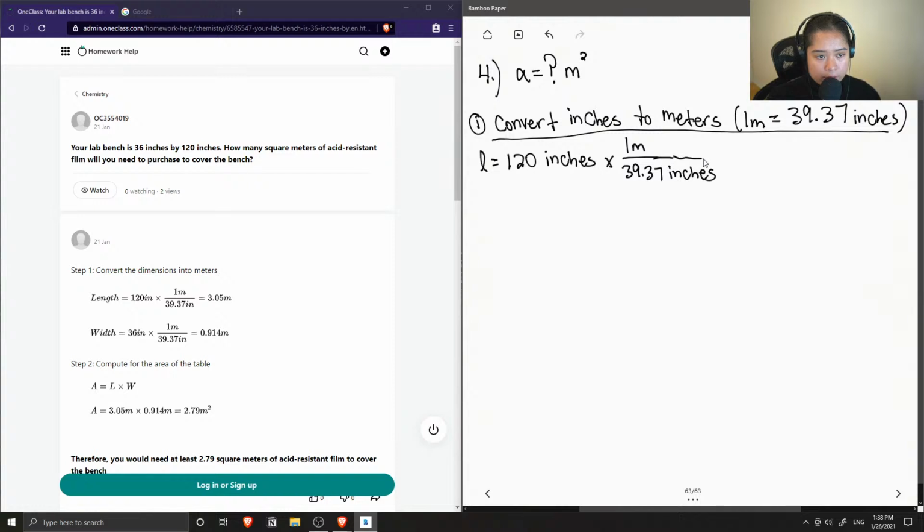So now if we multiply our dimension by this conversion factor, our value for inches will cancel out, and it's the same thing as saying 120 divided by 39.37. And this gives us our length in meters, which is 3.048.